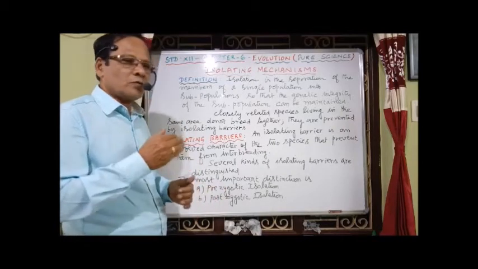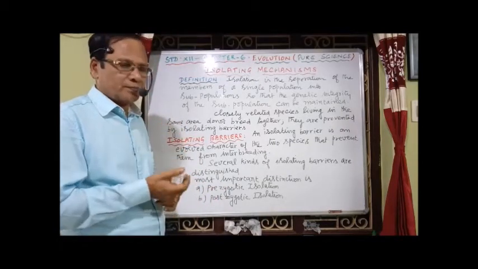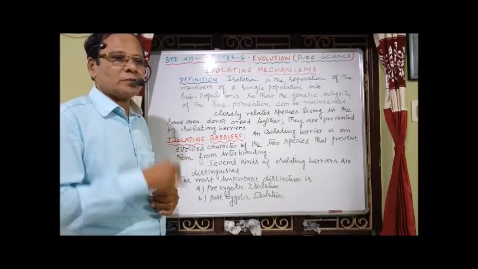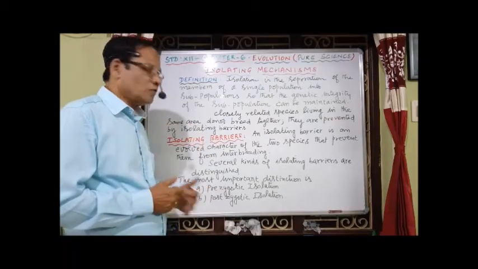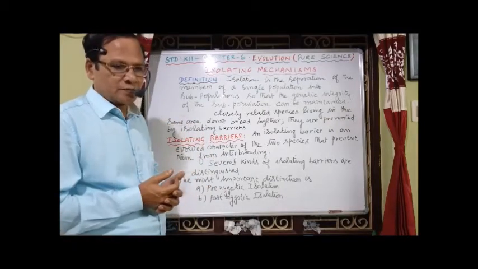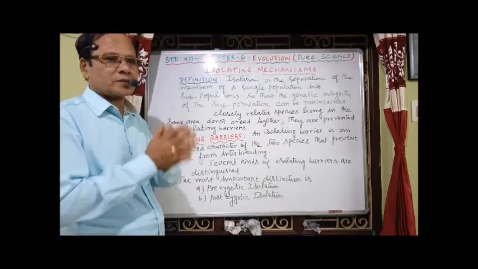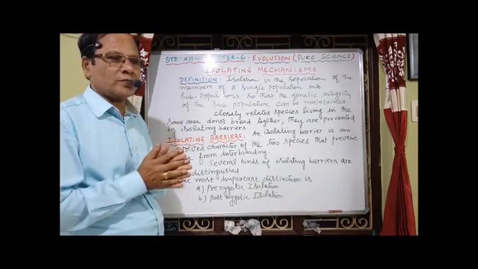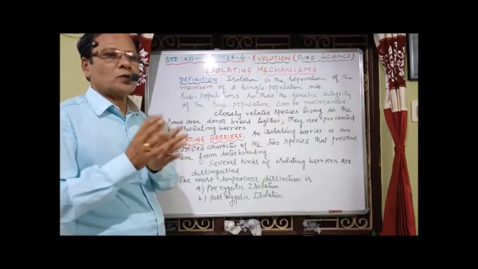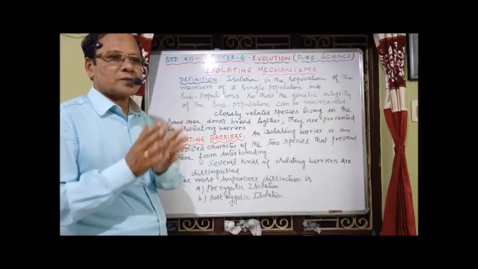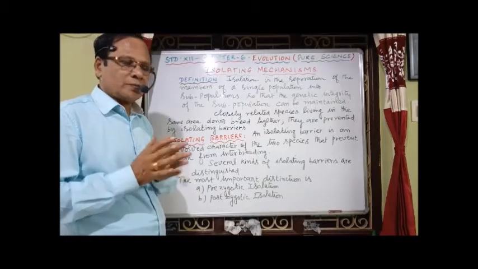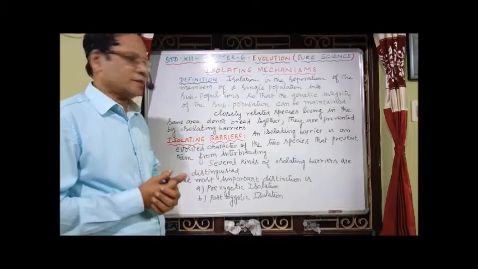So prezygotic occurs before mating, before zygote formation and before fertilization. The second one acts after fertilization. Though fertilization occurs, because of certain factors the individual will not develop, or they are sterile, or they are present but unable to reproduce, etc.